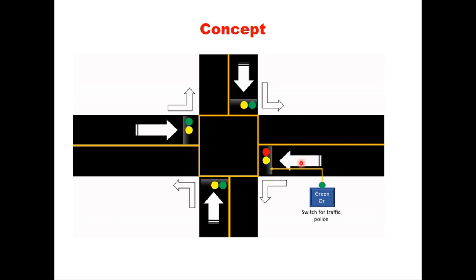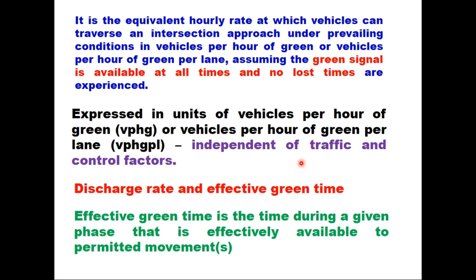So saturation flow is the equivalent hourly rate at which vehicles can traverse an intersection approach under prevailing conditions, in vehicles per hour of green or vehicles per hour of green per lane, assuming the green signal is available at all times and no lost times are experienced. So that is how the saturation flow is defined. It is expressed in units of vehicles per hour of green or vehicles per hour of green per lane.